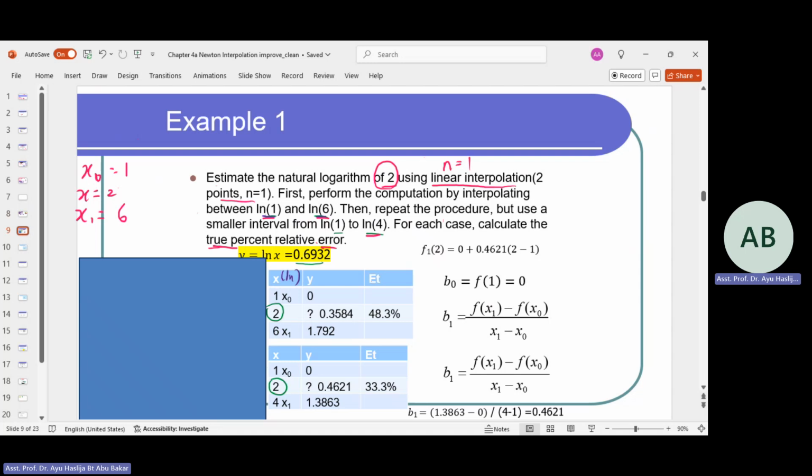You just press ln 2. That is your true value, because what we will do later on is using the numerical way. So for ln 2, you will get this figure. That is your true value.